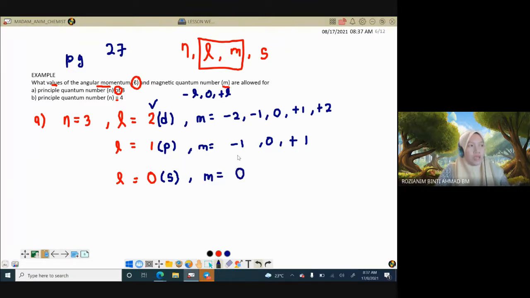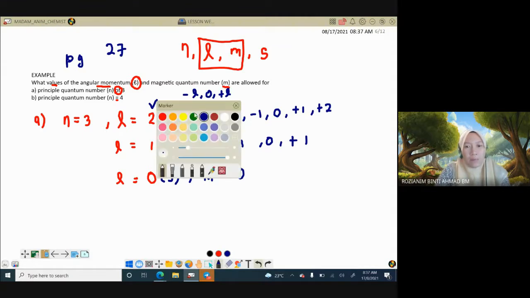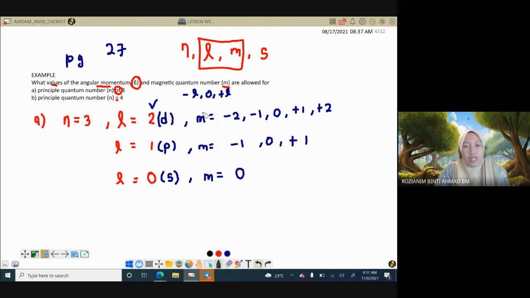So therefore, we recall it back, the function of M to detect the orientation of the orbital. So maksudnya orientation saya cakap tadi orbital orientation X, orientation Y, orientation Z. Orientation kejap lagi saya discuss. Okay. And the second function of M to determine the total number of the orbital.